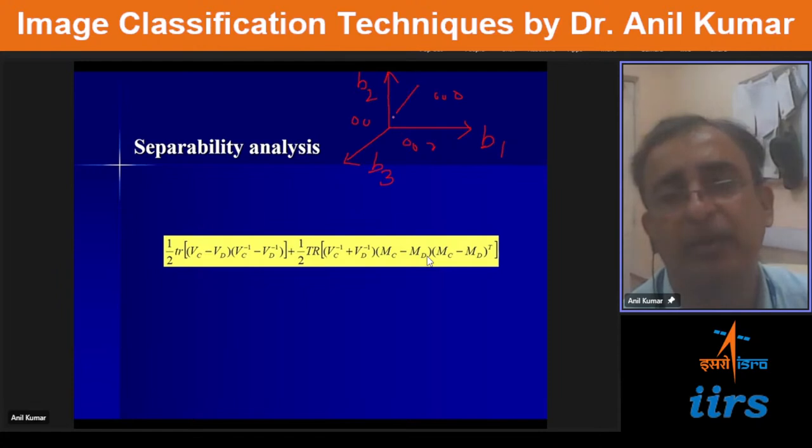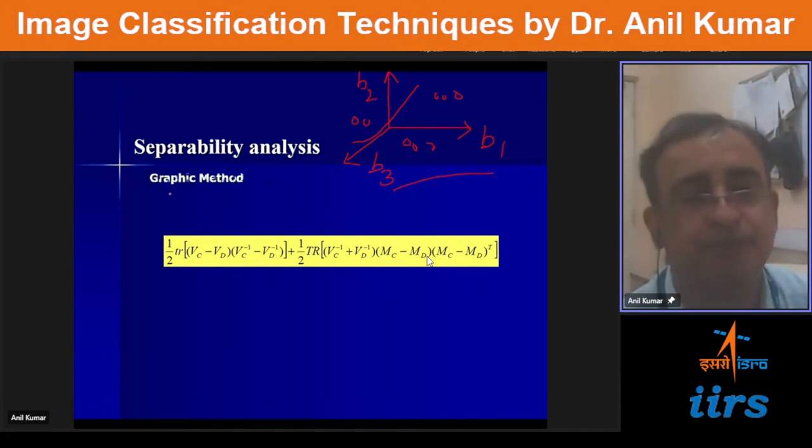So we can see how nicely the separation is. This is the graphical method. Maximum we can consider three bands, because we have a three-dimensional space, three axes only. On each axis we can plot one band's data, and we can see how the separation comes out between pixels of different classes. But here we can use only three bands.